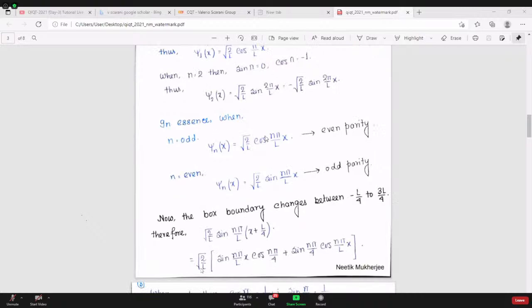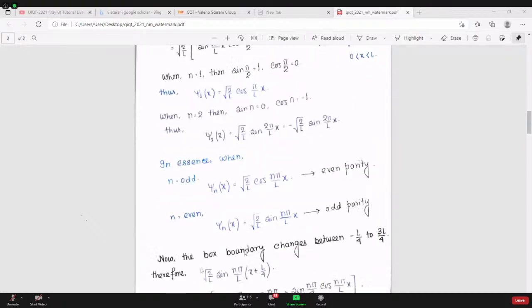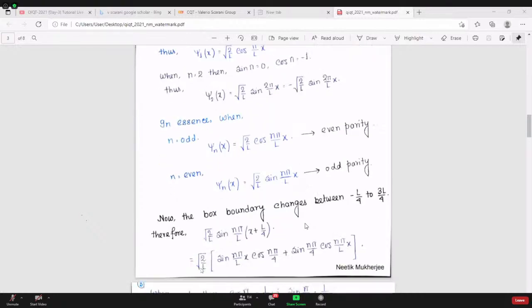If we proceed further, we will see that for odd n, that means 1, 3, 5 and so on, we get a wave function of the form cos. And when we choose even n, like 2, 4 or 6, we see a wave function of the form sine. We know that cos is an even function, so it has even parity. Similarly, sine is an odd function and has odd parity.